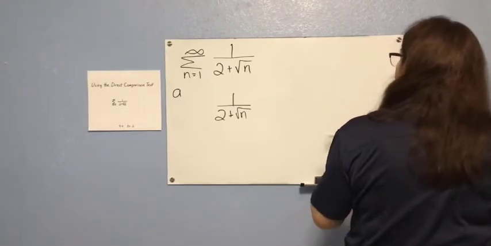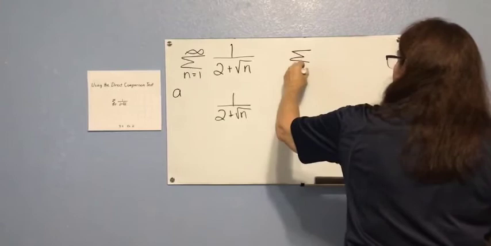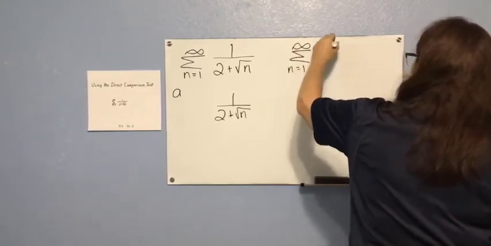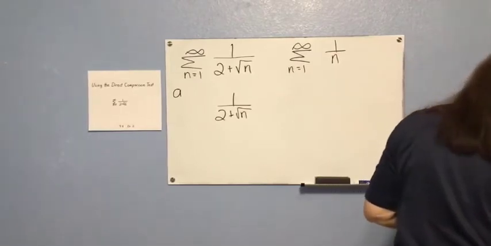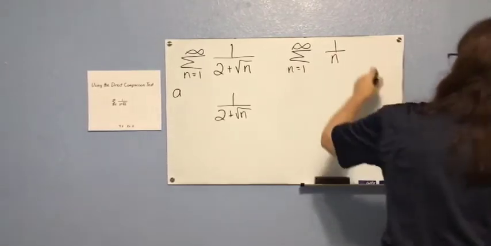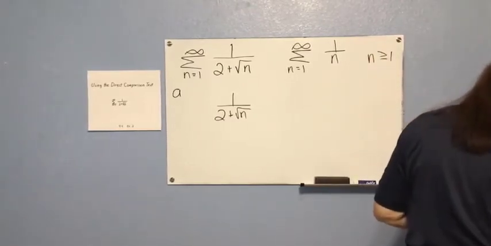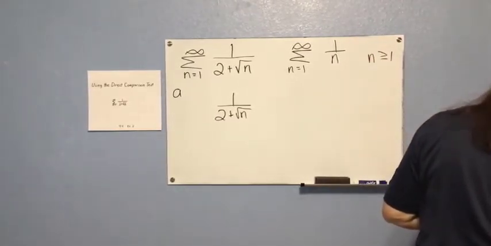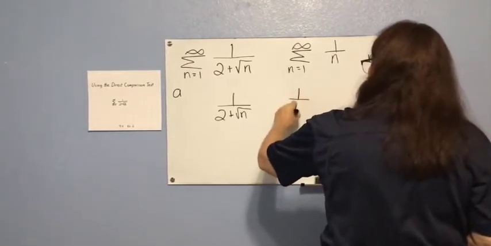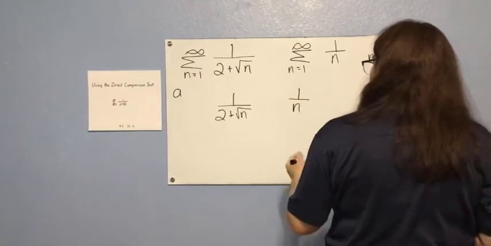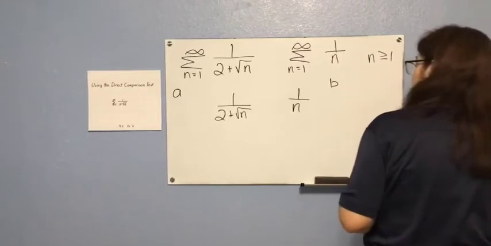How about if instead of 1 over the square root of n, I just do 1 over n. I'm going to say n has to be greater than or equal to 1. And now when I compare term by term, this being the B part, what's going to be true?